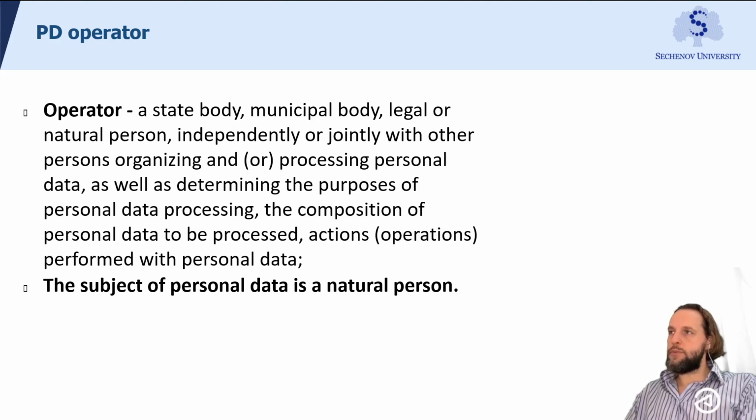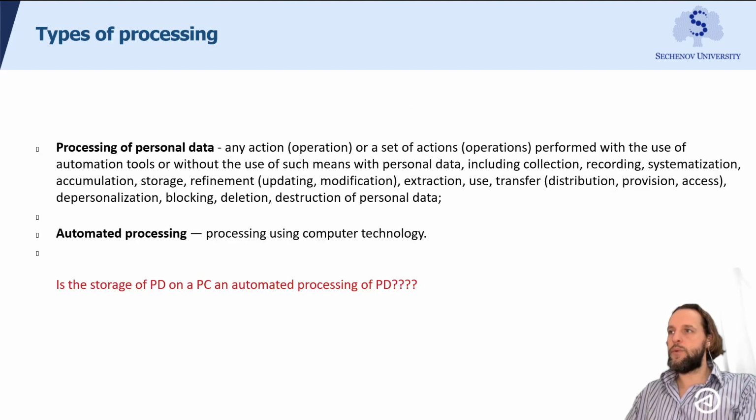When we're talking about personal data, there will always be an operator of personal data and a subject, or a person whose data we are storing. And the operator will be legally obliged to keep it secret and to prevent it from being provided to the wide public.